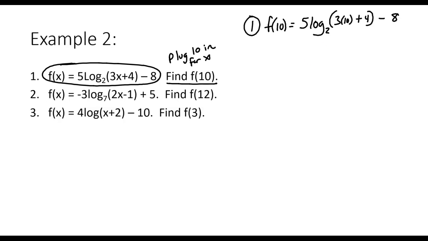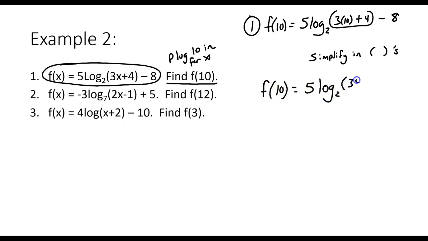All right, now we're going to simplify inside the parentheses. So in here, what does 3 times 10 plus 4 make? 34. Yep, 34. So that's simplifying inside the parentheses. The next thing we're going to do is we're going to take care of this log here.